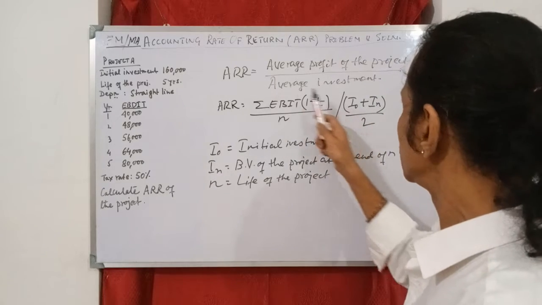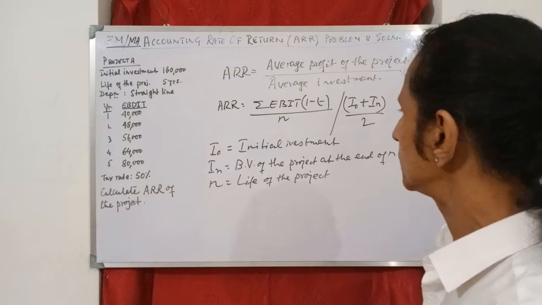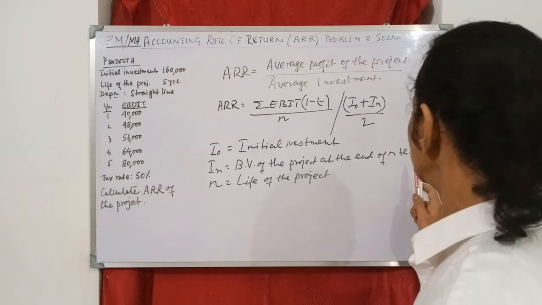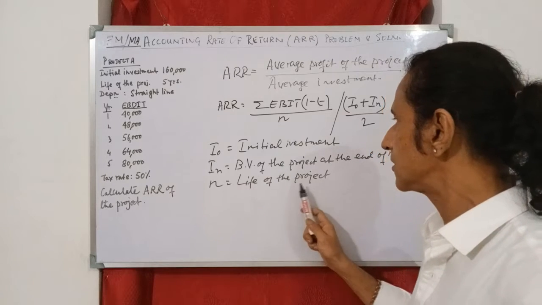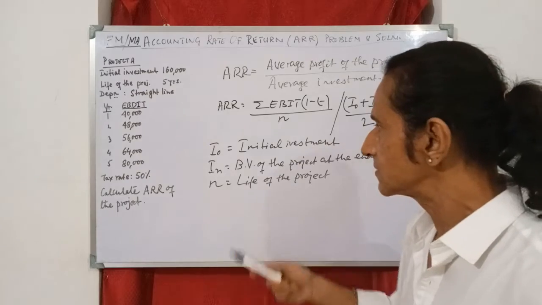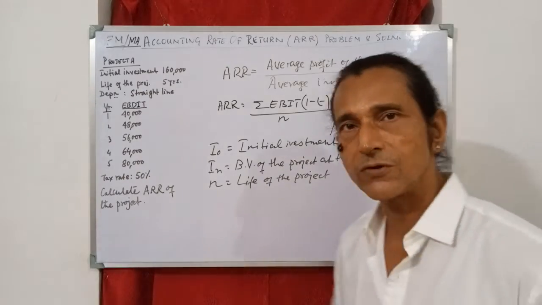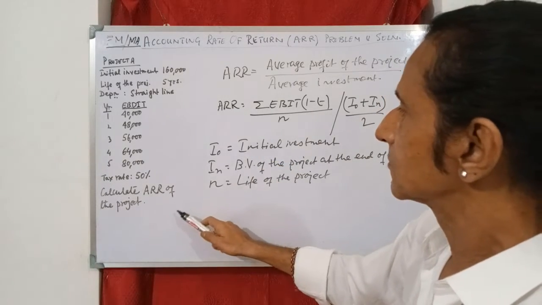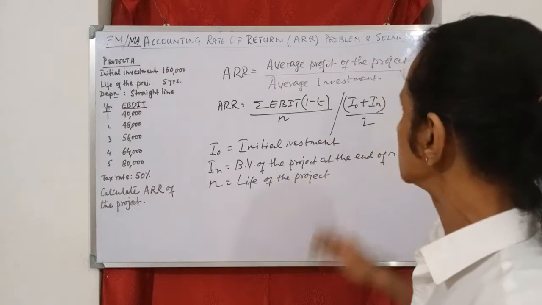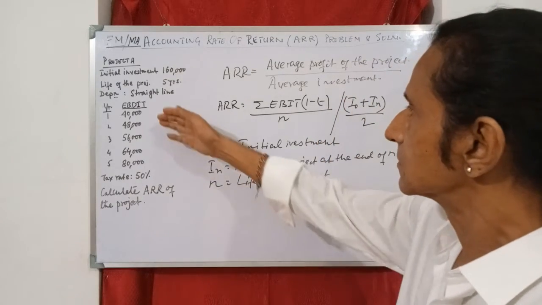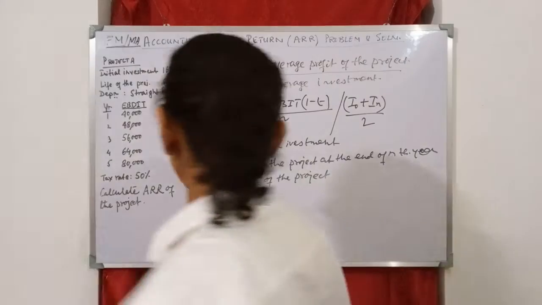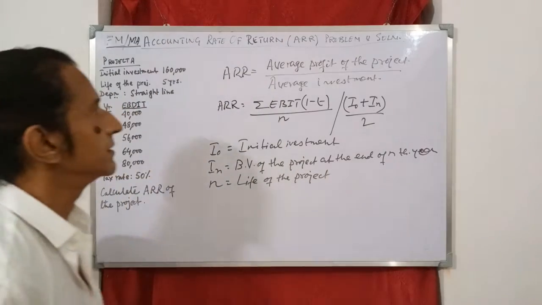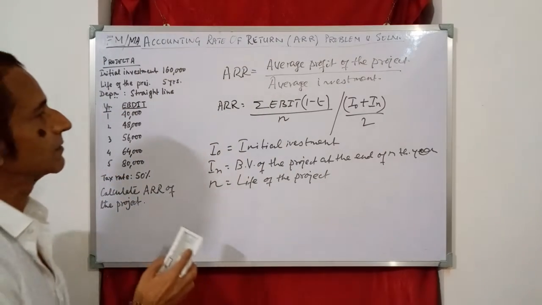The whole thing will be divided by I0 plus IN by 2, where I0 is initial investment, IN is the book value of the project at the end of the nth year, and N is the life of the project, that is the number of years during which the project is providing profit to the firm. So this formula will be applied here to find out the ARR. So I have to erase this part so that I can solve this problem by applying this formula, right? So let me erase this part. Okay.